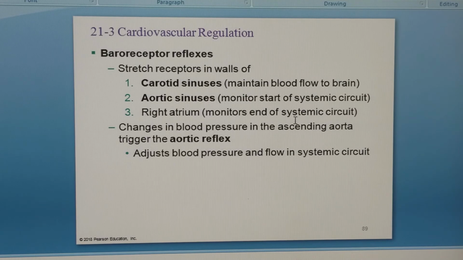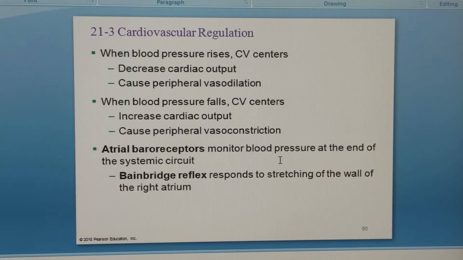Changes in blood pressure in the ascending aorta trigger the aortic reflex. It adjusts blood pressure and flow in the systemic circuit. When blood pressure rises, cardiovascular centers decrease cardiac output and cause peripheral vasodilation. When blood pressure falls, cardiovascular centers increase cardiac output and cause peripheral vasoconstriction.